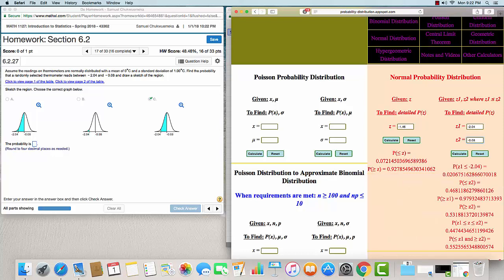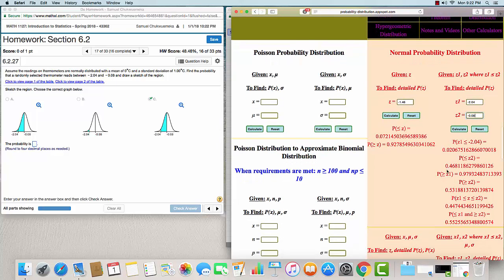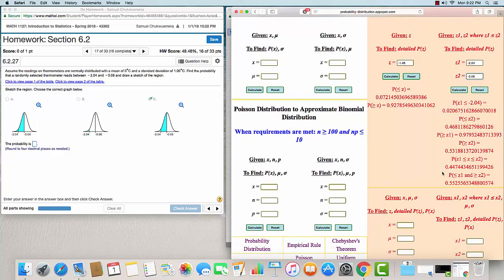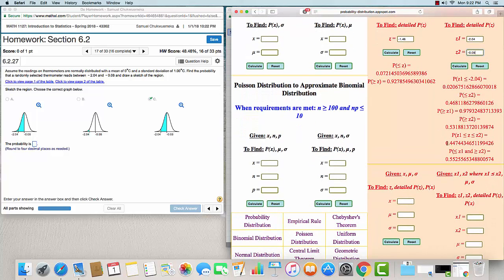Okay, enter. I put detailed probabilities here, the probability that the first one is less than, and the second one greater than. But the one you should be looking for is this. This is the answer you should be looking for.